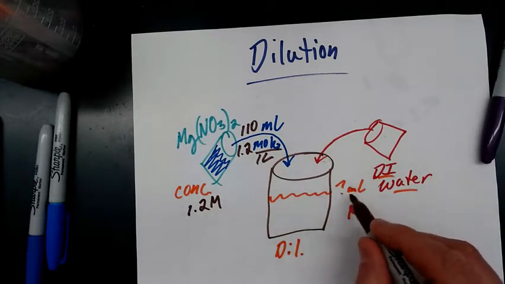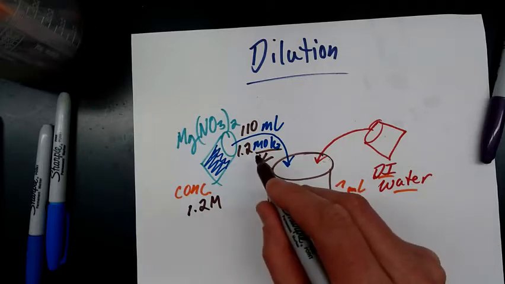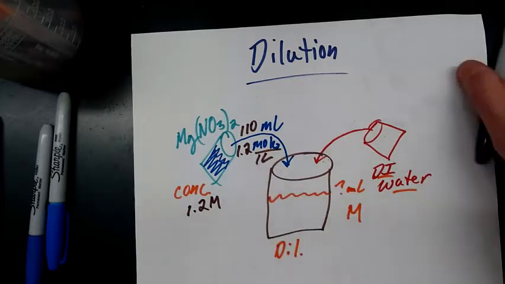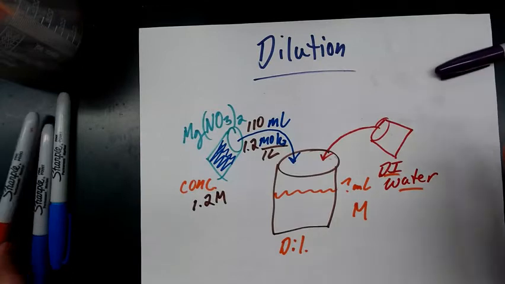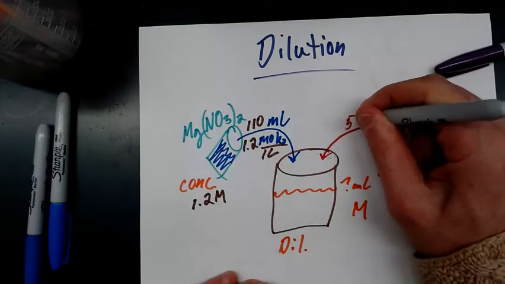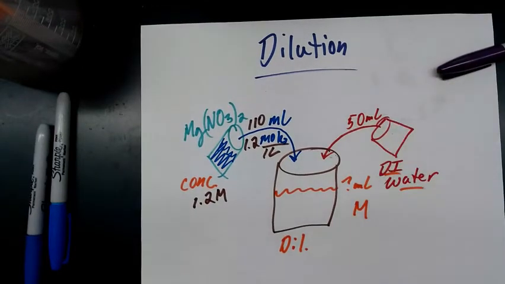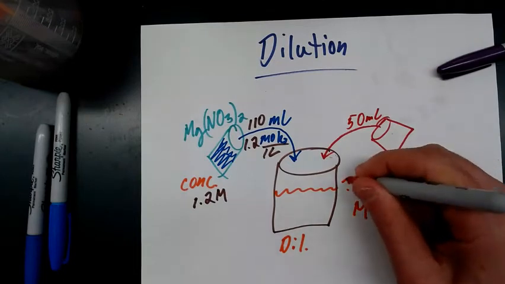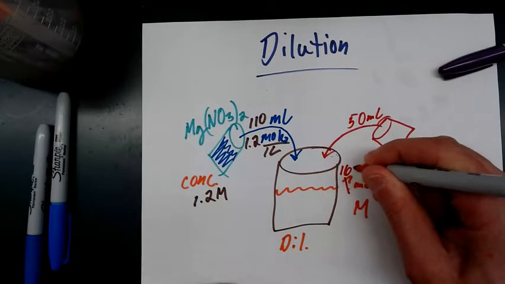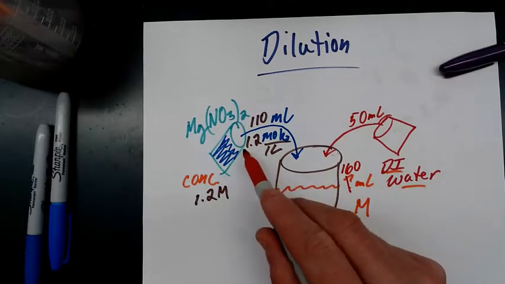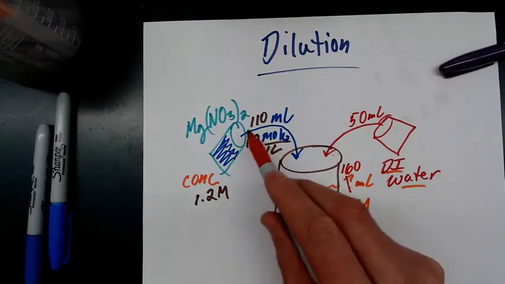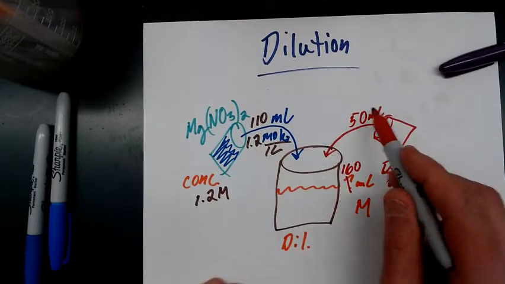So we almost have the total here because we know it's 110. But let's say we pour water. Let's say we pour 50 milliliters of water. Again, no moles from that, but we now have a total. We now know we have 160 milliliters, and it's got the moles from this concentrate and no moles from this.